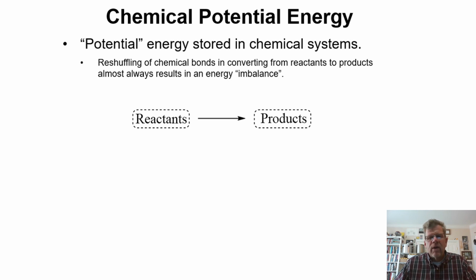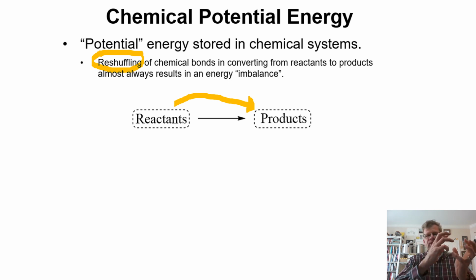Now, going from reactants to products in a chemical reaction, we break chemical bonds and we form chemical bonds. We call this a reshuffling, if you will, of chemical bonds in converting from reactants to products. It almost always results in an energy imbalance. That's a potential energy imbalance, because the energy contained within the bond structure of the reactants is different than the energy contained within the bond structure of the products.